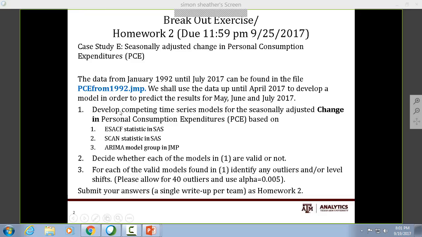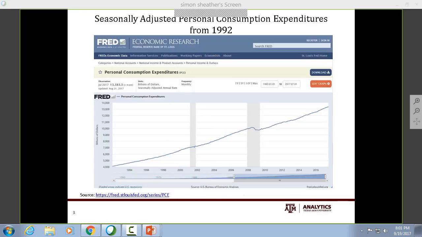So what we're going to look at is, we're going to take data from the Federal Reserve. I love this website. This is personal consumption expenditures. Now, unemployment might be a good leading indicator of that. If you've lost your job, you're not going to spend very much.